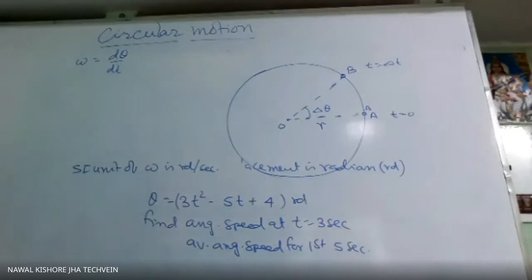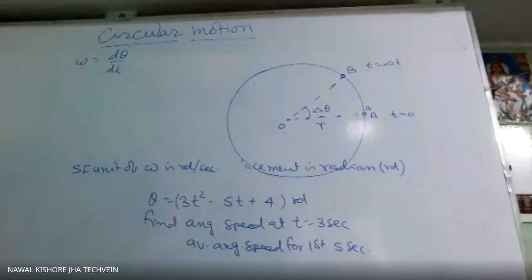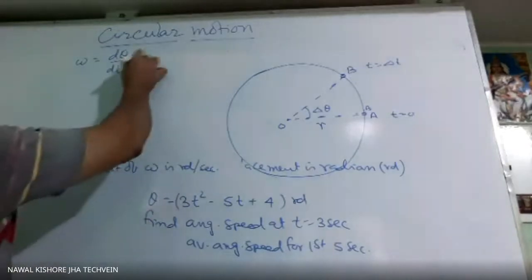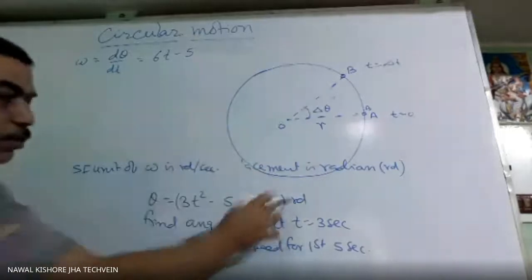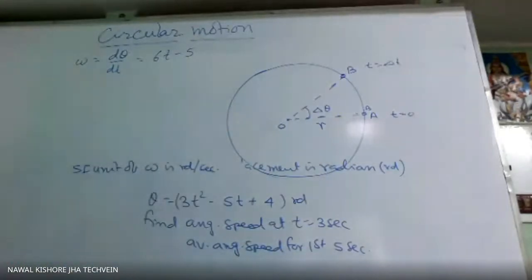Differentiate this with respect to time. What will be? 6t minus 5. Very good. Differentiation of this 4 will become 0. So this is the angular speed.